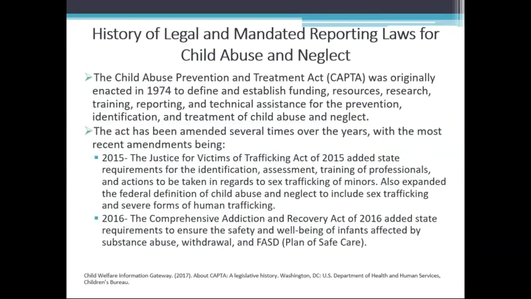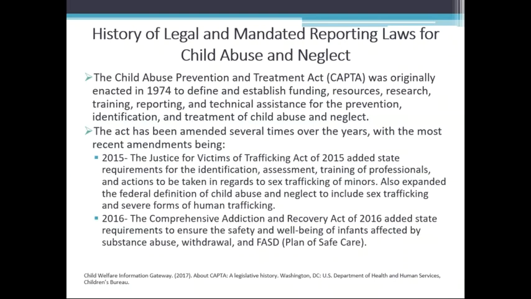So CAPTA is the Child Abuse Prevention and Treatment Act, originally enacted in 1974. This helped to define and establish funding, resources, research, training, etc., specific to child abuse and neglect. This has been amended multiple times, and we just talked about the example of adding victims of human trafficking.